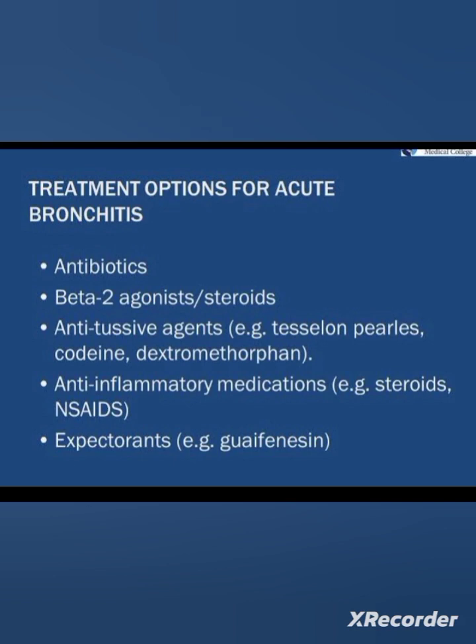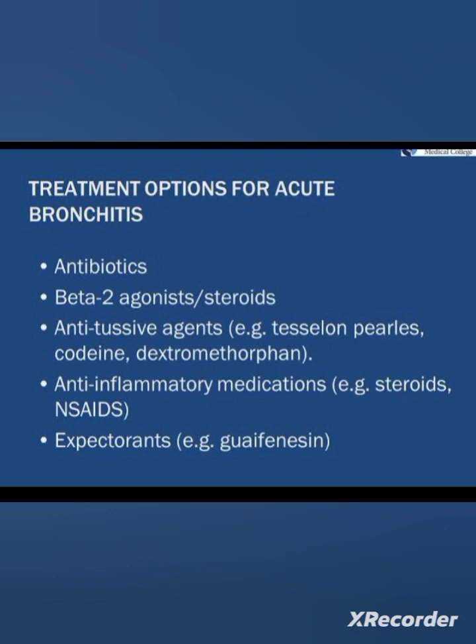Next, we give antibiotics based on the type of infection. Usually we start with amoxicillin, then we go to other drugs.